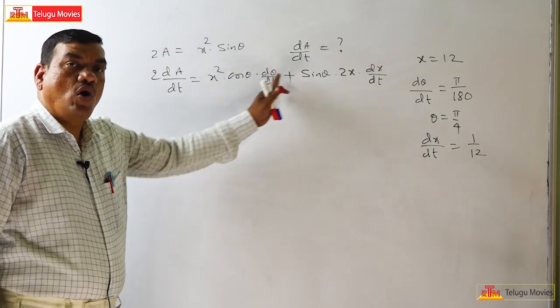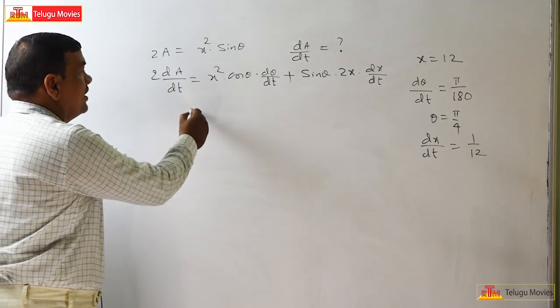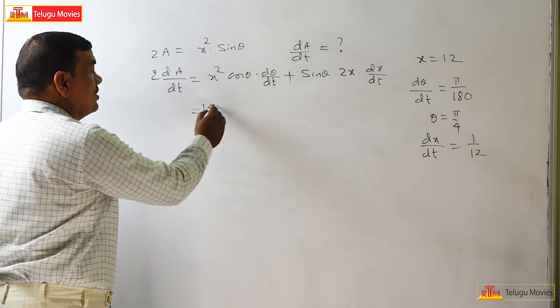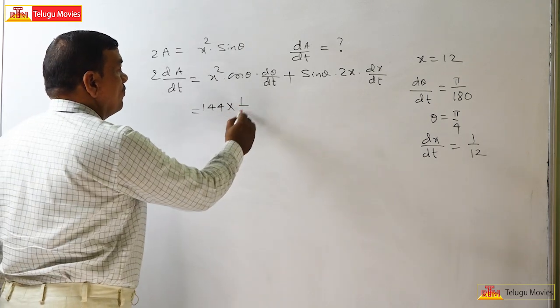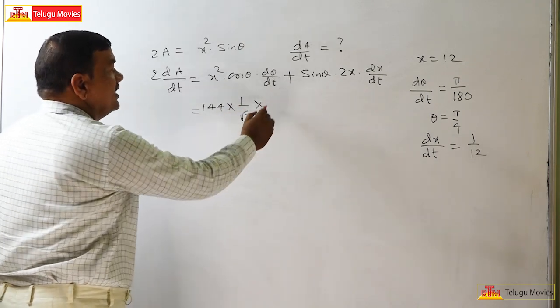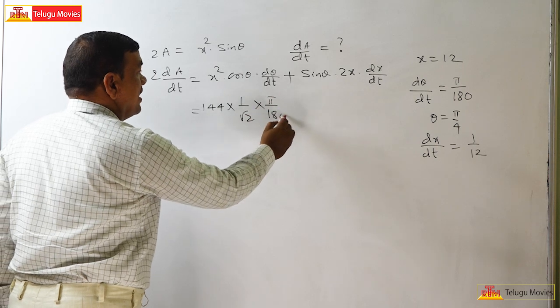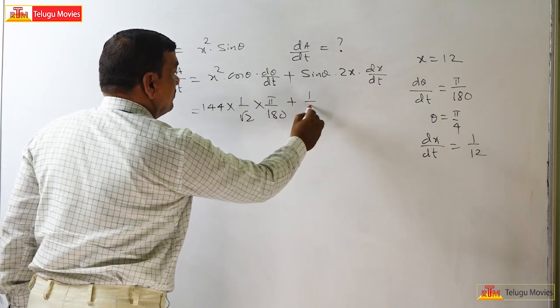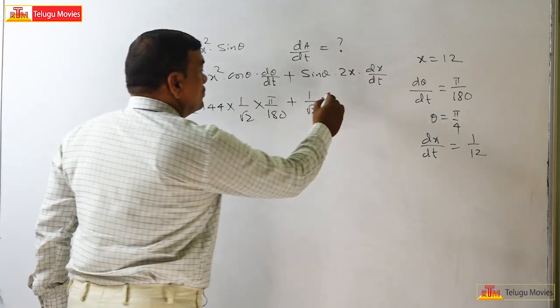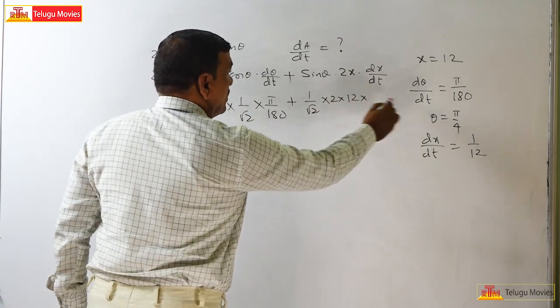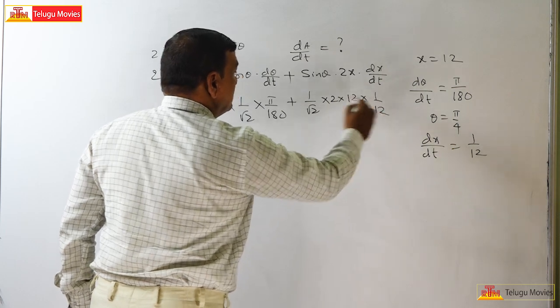So we know all the values here. x square, x is 12, this is 144, cos pi by 4 is 1 by root 2, d theta by dt is pi by 180, sin 45 is 1 by root 2, theta is pi by 4 given. So 2 into x value 12, dx by dt is given as 1 by 12.